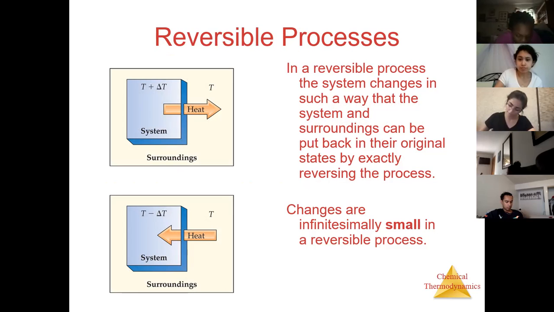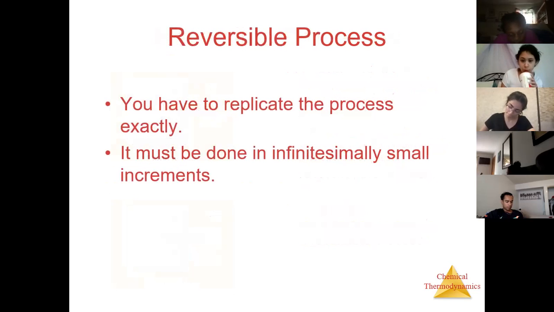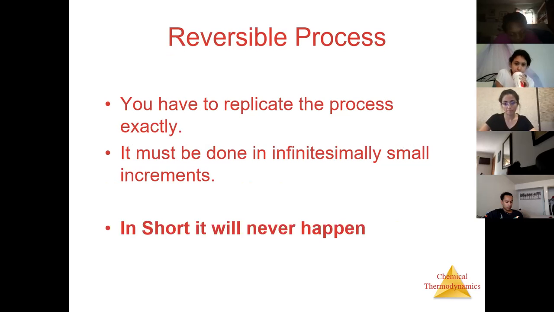Changes are infinitesimally small in a reversible process. You would have to replicate the process exactly, and it must be done in infinitesimally small increments. Basically, it will never happen. You cannot have a reversible process.